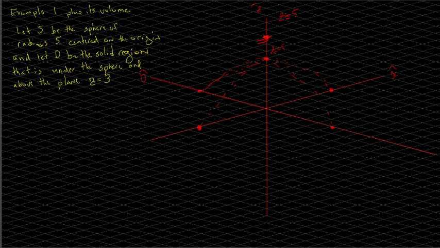So our plane is going to cut through at z equals 3. This plane cuts through our sphere at z equals 3, kind of creating a dome.